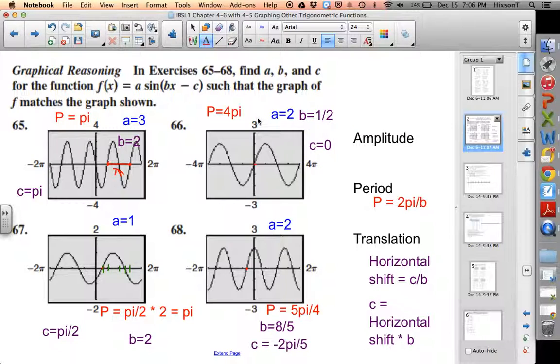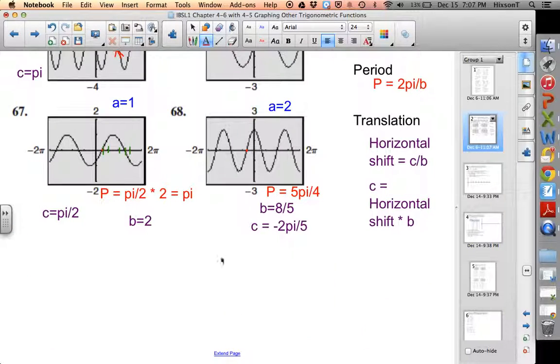Once you have all this information, then it's just a matter of plugging your A, your B, and your C into your equation. Be careful with 68 because you'll have minus a negative 2 pi over 5 when you do the minus C. So that'll be a plus 2 pi over 5. For example here, we're going to end up with f of x equals A times the sine of Bx.